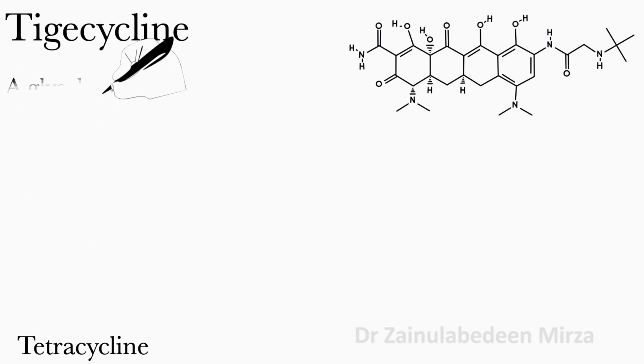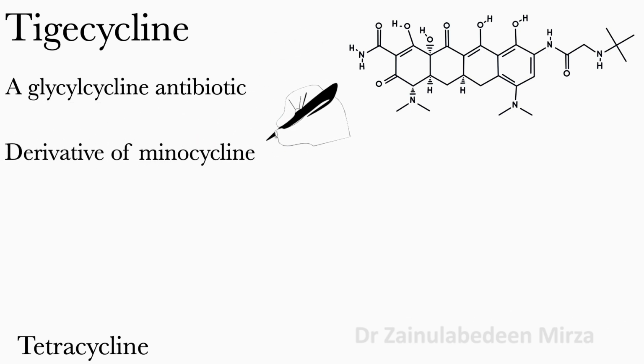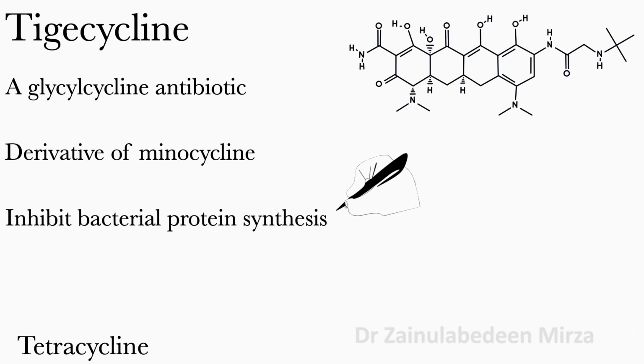Tigecycline is a glycylcycline antibiotic that is a derivative of minocycline, which inhibits bacterial protein synthesis by binding to the 30S ribosomal subunit.